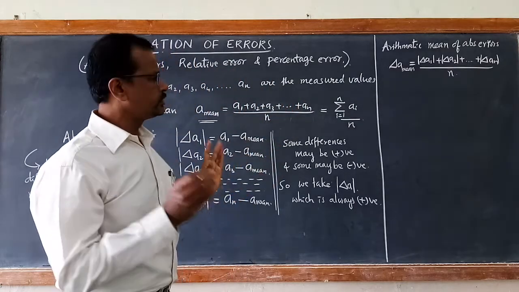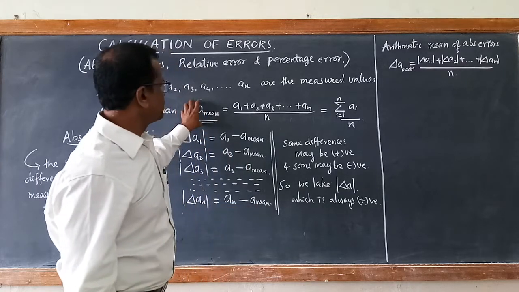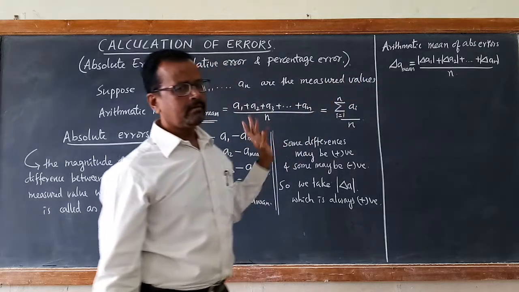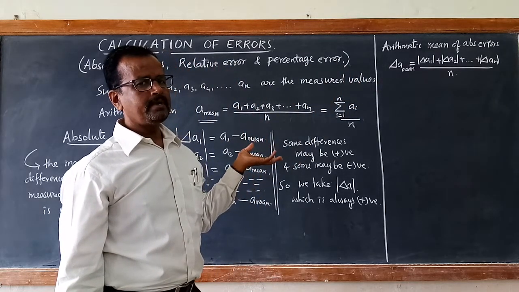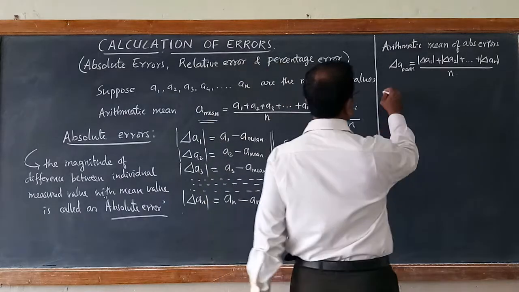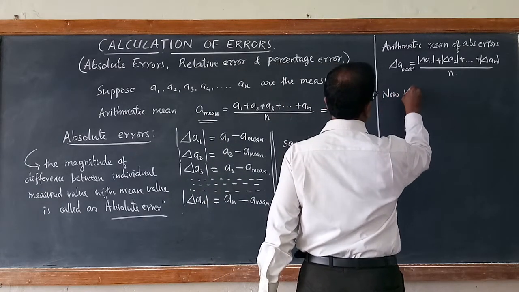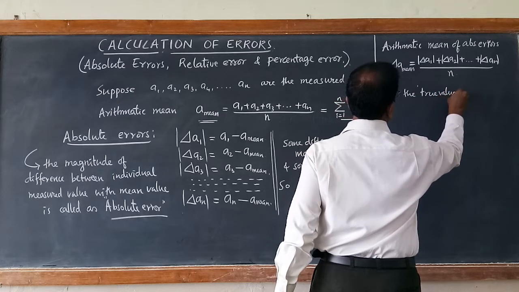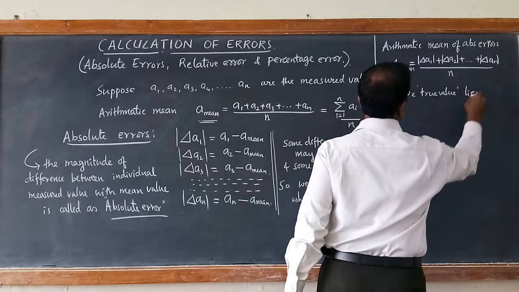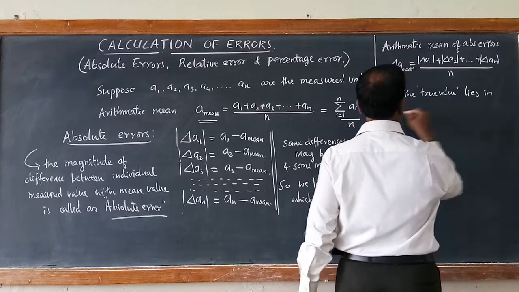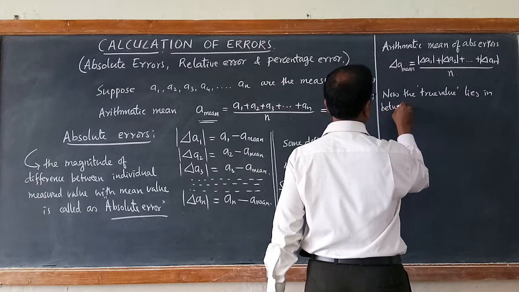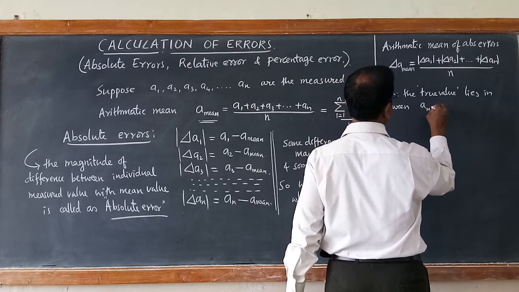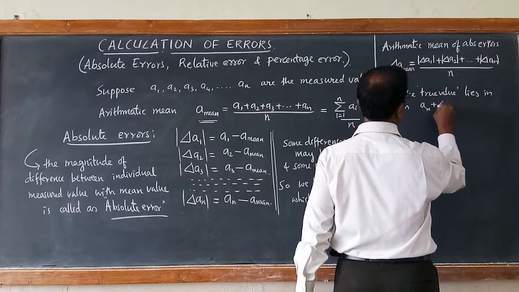The true value lies in the interval between A mean plus delta A mean and A mean minus delta A mean.